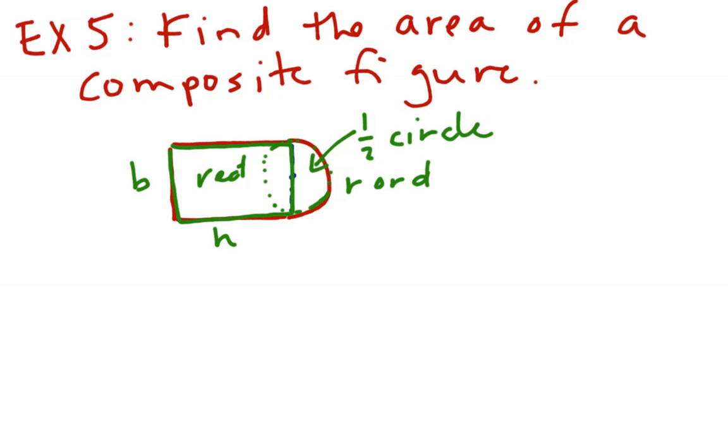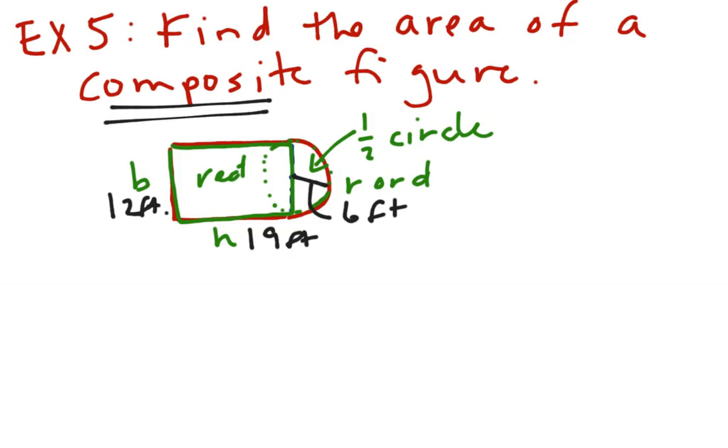In my picture, the height is 19, the base is 12, and the radius they give me of my key is 6. Those are all in feet. I don't know if these are accurate, but they seem pretty accurate. So we want to find the area of the composite, the piece outlined in red.